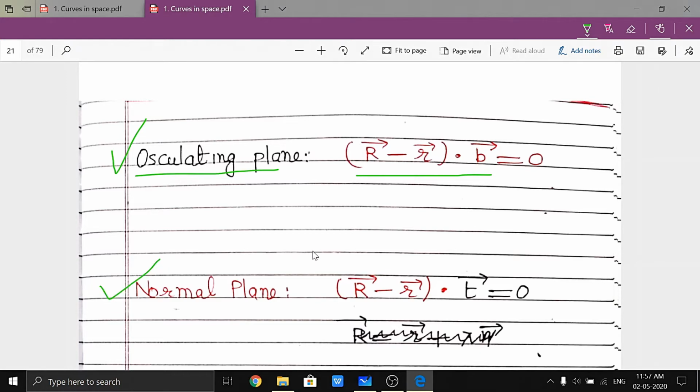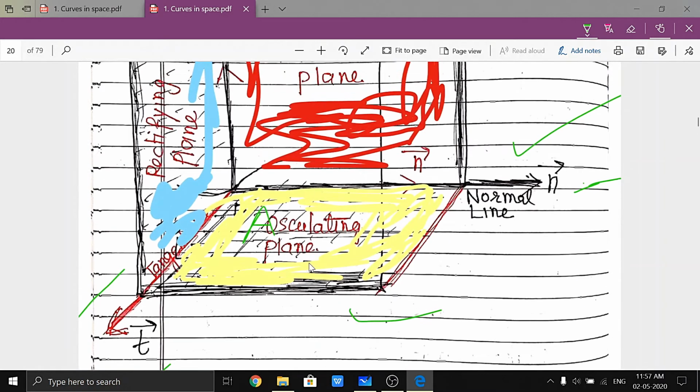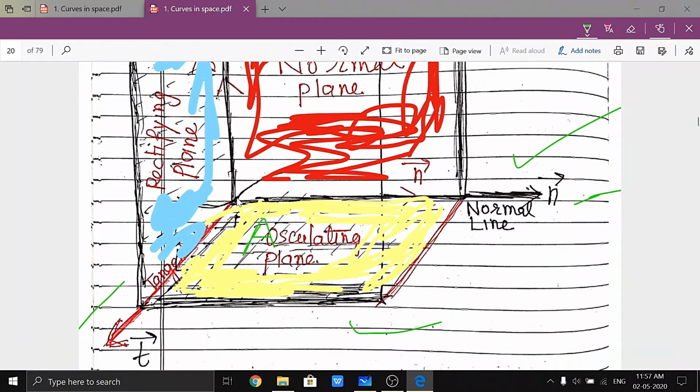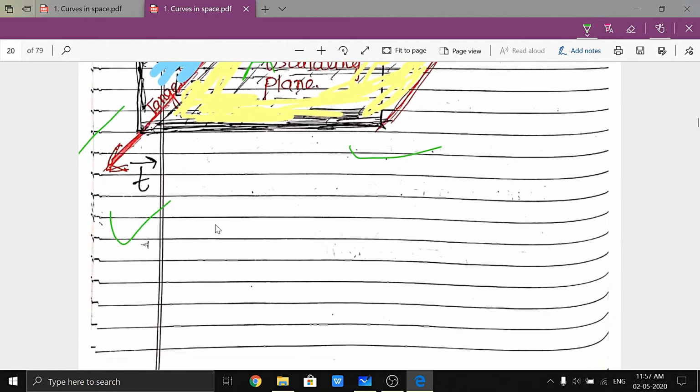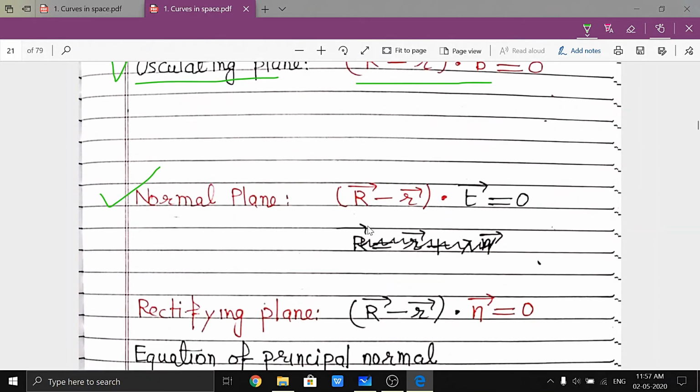Now what is the equation of the normal plane? The normal plane is perpendicular to the tangent vector, so its equation is (R minus r) dot T equals 0. What is the equation of the rectifying plane?